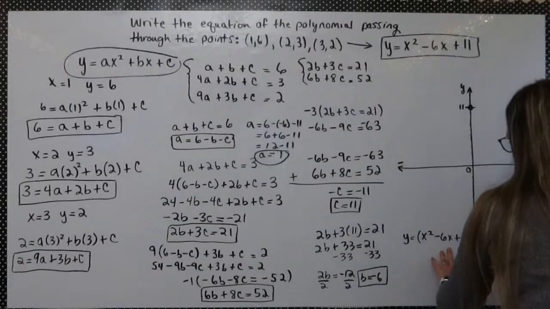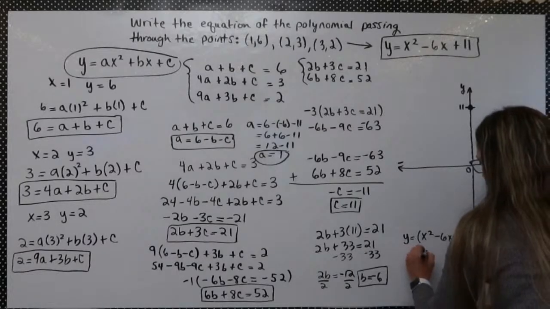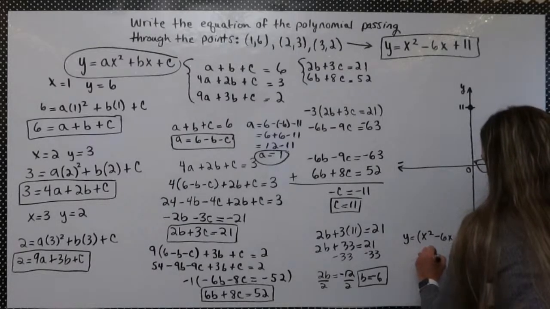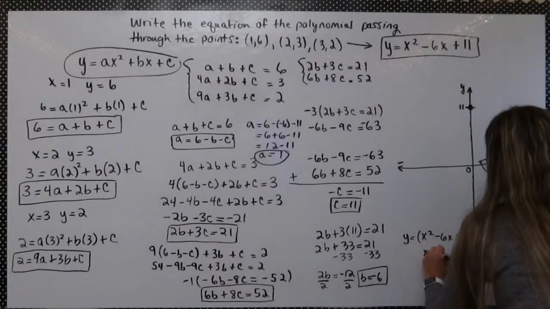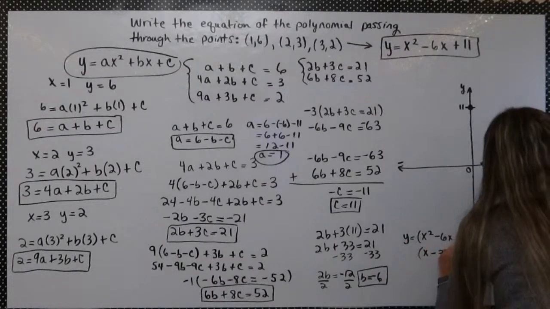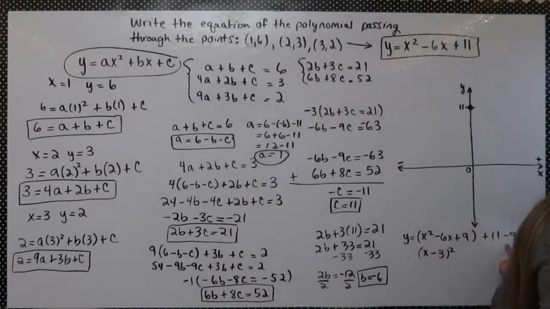And then this makes a perfect square of x minus 3 squared, and then 11 minus 9 is 2.